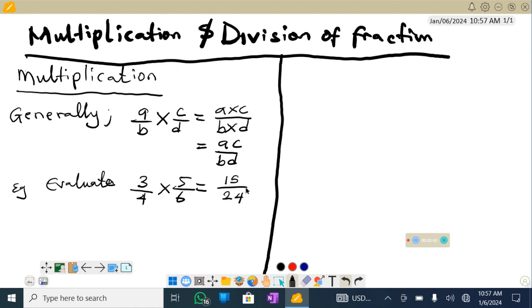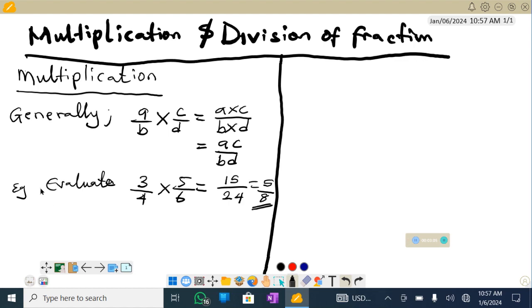After you have done that, ask yourself, is there anything that can divide the numerator that can also divide the denominator? In this case, yes, 3 can go in both, so 3 here will give you 5, while 3 here will give you 8. So that gives us our answer.